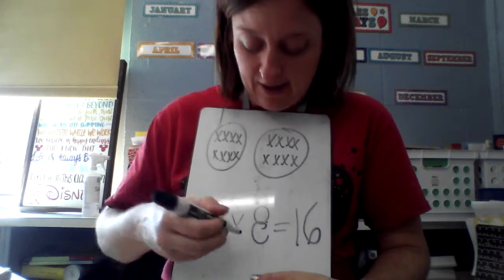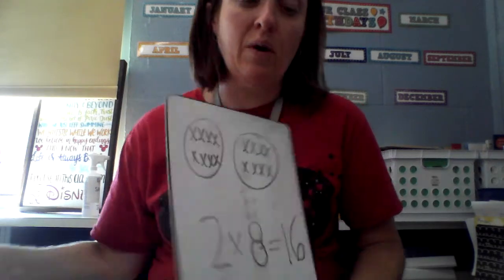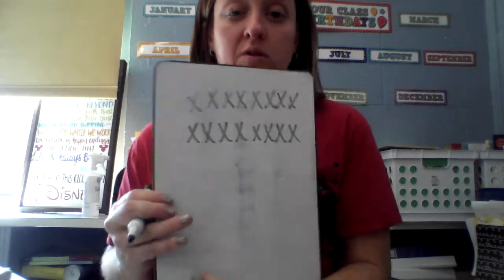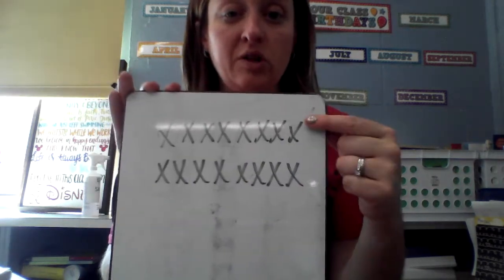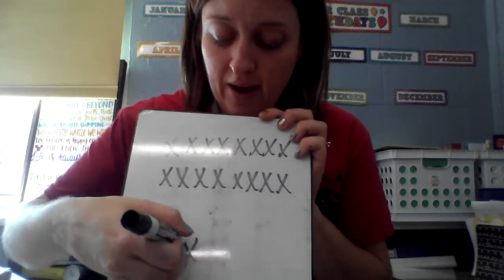I could take the same problem and I could draw it in an array like we had before. Instead, this time I will have 2 rows of 8. So you can see I took my 2 groups and I changed them into 2 equal rows of 8.